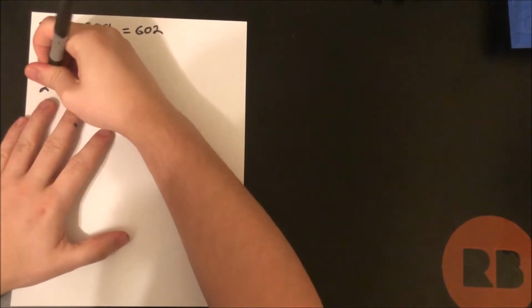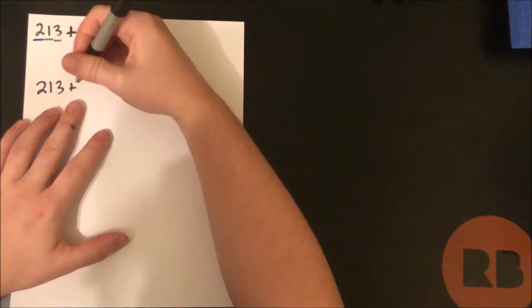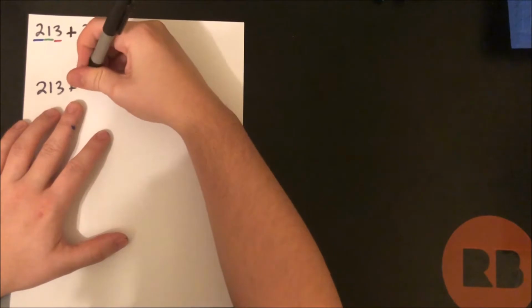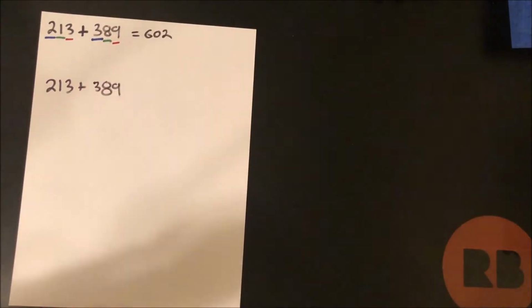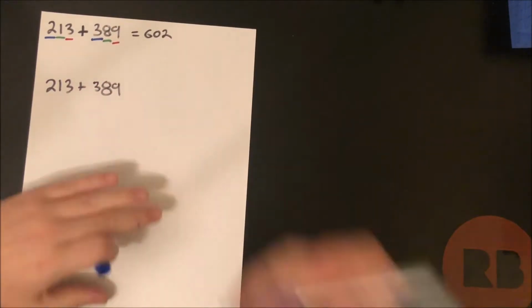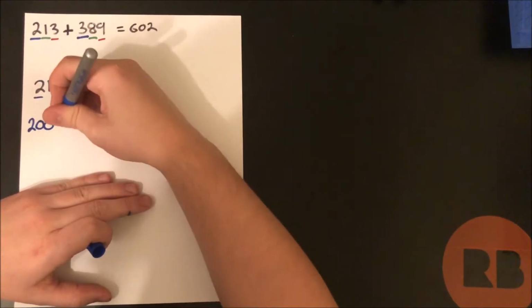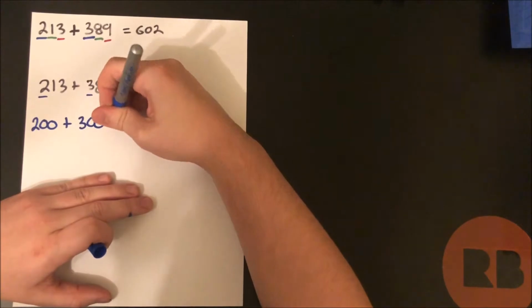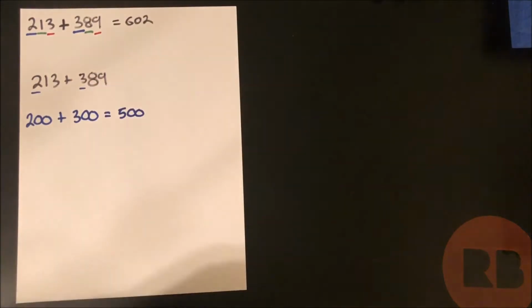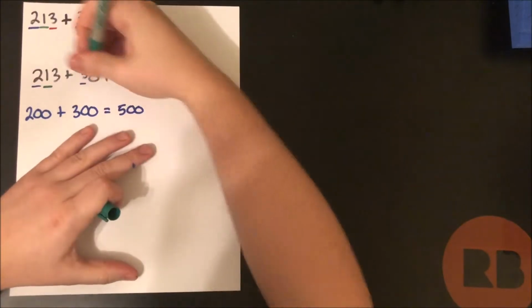Now, if we were going to solve that without our base 10 blocks, but still using partitioning, it would look like this. So we have our equation again, 213 plus 389, and we'll do the hundreds first. 200 plus 300 equals 500, and then we can do the tens.